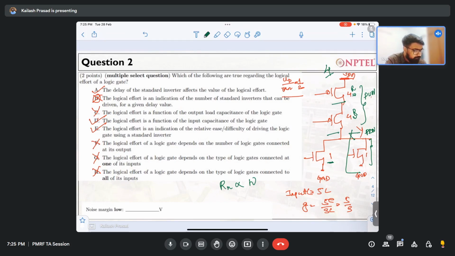So this part is 4, and this part is 4. You can assume that normally the resistance of the unit PMOS is 2R, as discussed. Why is it 2R? Because the mobility is 1 by 2 times, so the resistance has increased 2 times.